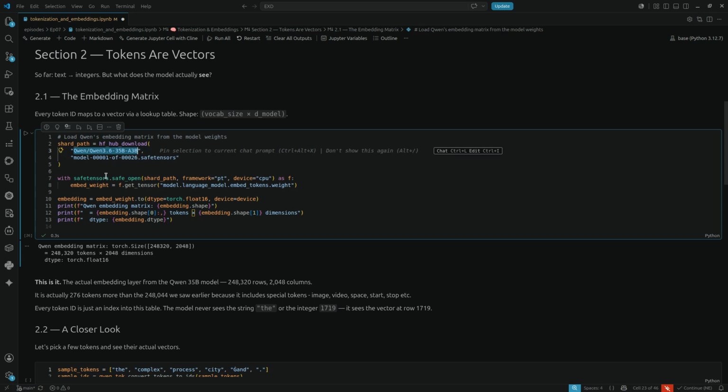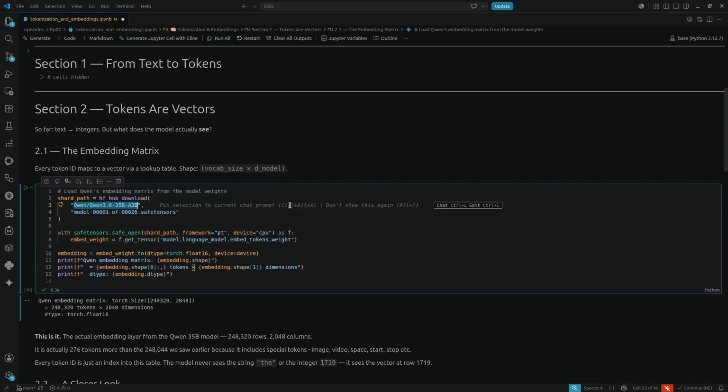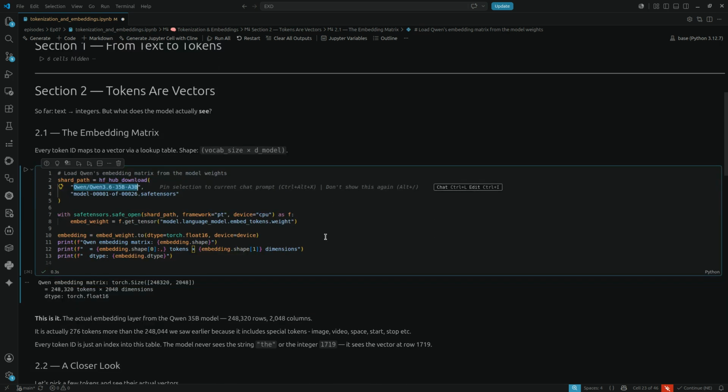It belongs to this model. And what we do is we print out the shape of the matrix. Okay, so what we're doing is we're getting this lookup table that tells you how the token ID maps to the embedding matrix.